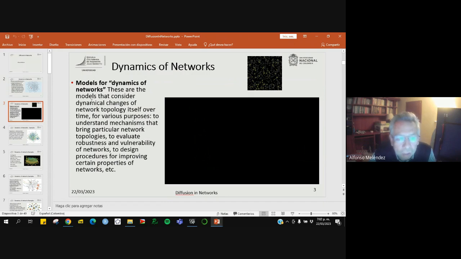These are the models that consider dynamical changes of network topology itself over time for various purposes: to understand mechanisms that bring particular network topologies, to evaluate robustness and vulnerability of networks, which is very important, and to design procedures for improving certain properties of networks. Let me show you an example of this type of network.